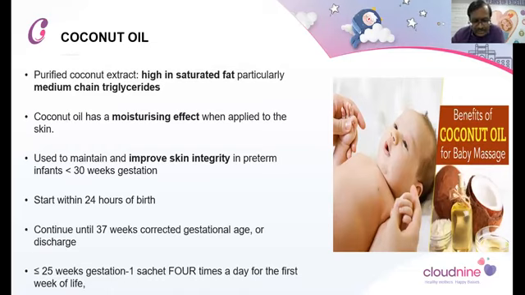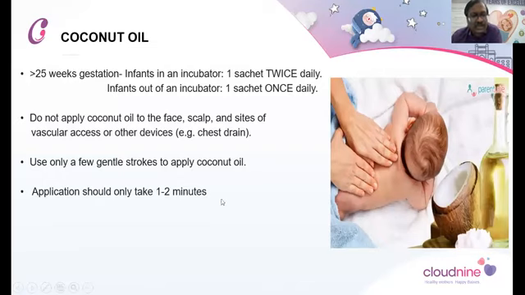This I have taken from the Perth group. In their protocol, they have done this study where they used, for less than 25 weeks, one sachet 4 times a day, first week. And for more than 25 weeks, if a baby is in the incubator, they used one sachet twice daily. And out of incubator, one sachet once daily.